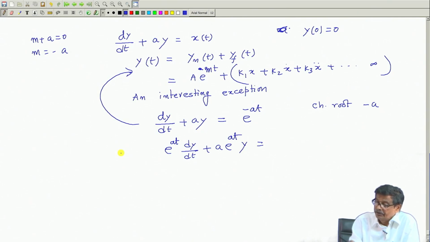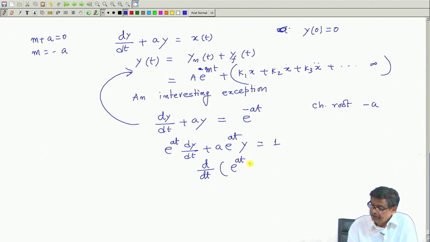We got all this by multiplying with the integrating factor starting from first principles, and here if you multiply this becomes 1. There may be some other constant multiplied here, 5 e to the power minus at, that does not matter. So, what you get here is d/dt of e to the power at into y is equal to 1.